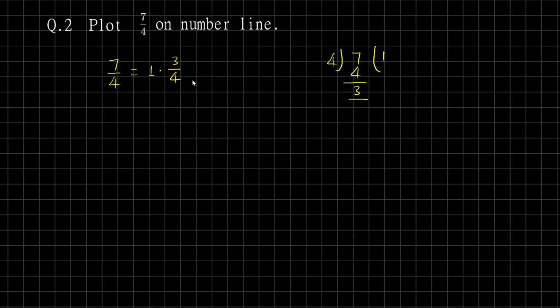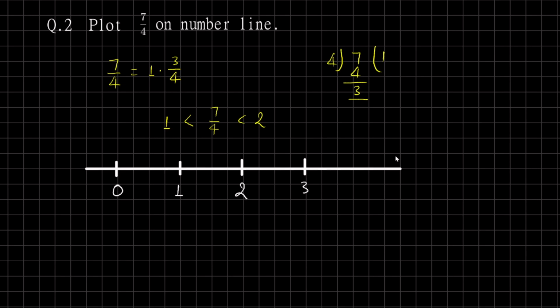What we can notice from this mixed fraction is that our number is going to be in between 1 and its next whole number 2. So let's draw our number line. This is our number line. The whole part is showing that the number is past 1. Now we have to look at its fractional part.